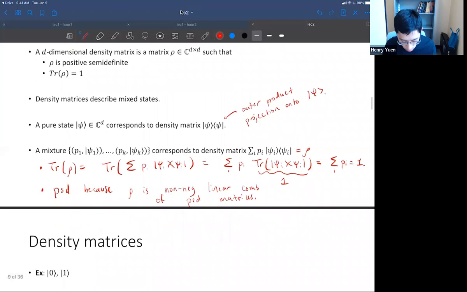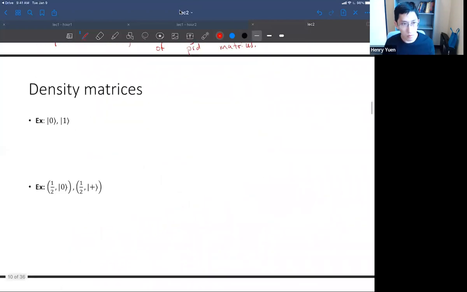Okay, so let's do just a couple of really quick examples to make it really concrete. Let's say we have these 2 pure states, these qubit states, ket0 and ket1, and let's write out what the density matrices corresponding to these are.